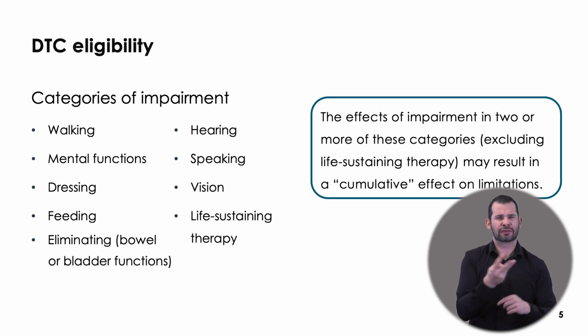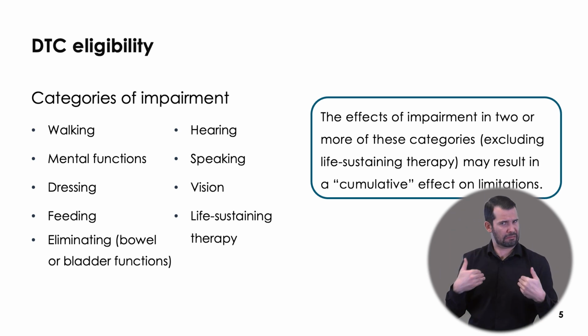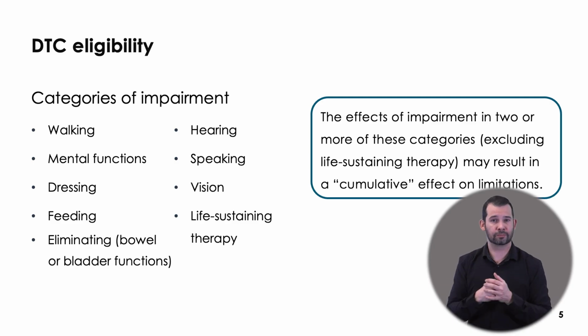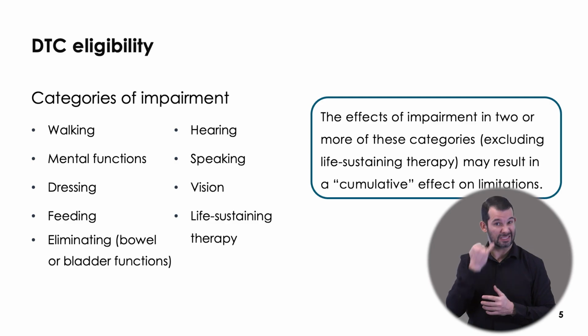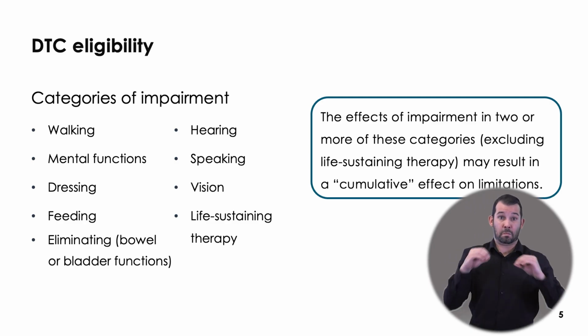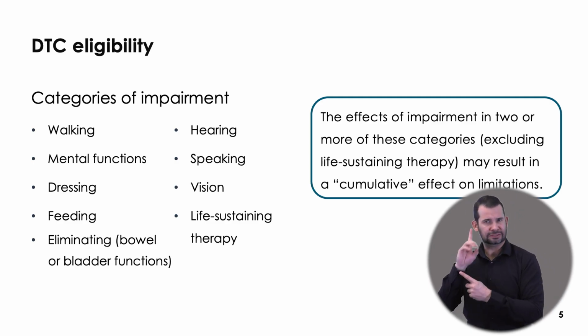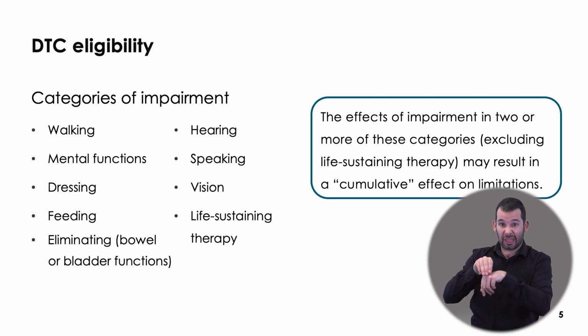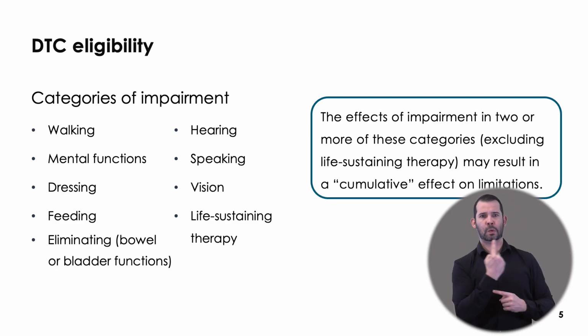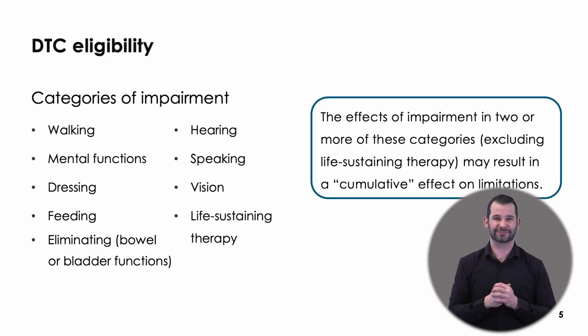There are several categories an impairment can exist in, including walking, mental functions, and vision, among others. If you have impairments in two or more categories, they may also be considered for DTC eligibility if together their effect is as severe as having a severe and prolonged restriction in one category.